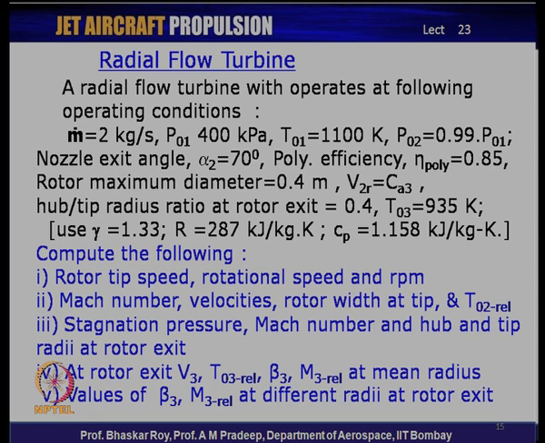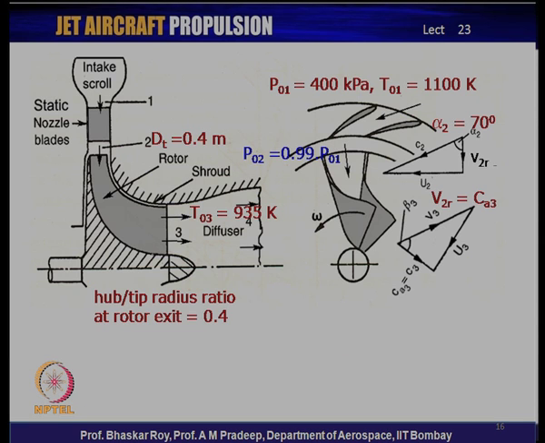At the rotor exit plane, the relative velocity V3, T03, relative flow angle beta 3, and the relative Mach number M3 at mean radius. Of course, they are all connected to each other. The values of beta 3, the relative flow angle, and M3 relative at different radii at rotor exit. Now, these are the answers that are expected out of this problem statement.